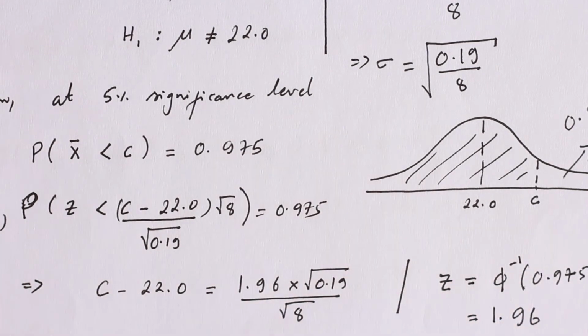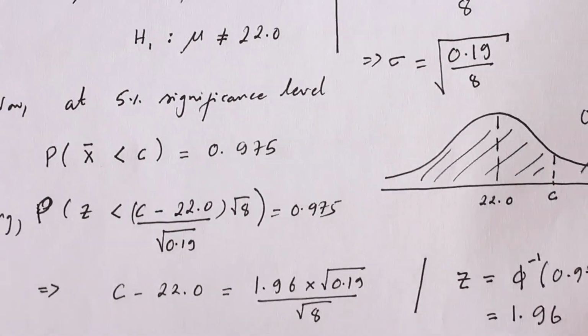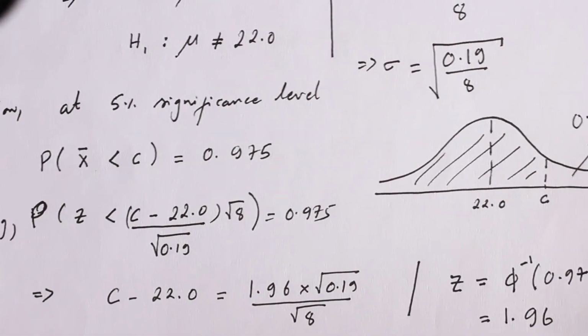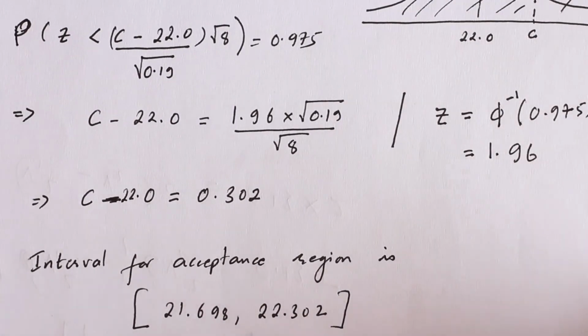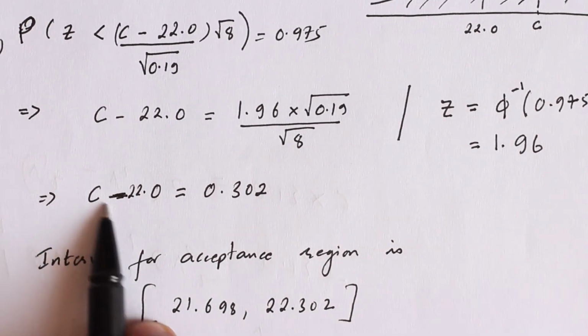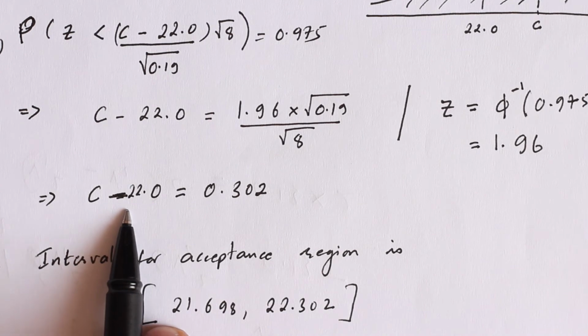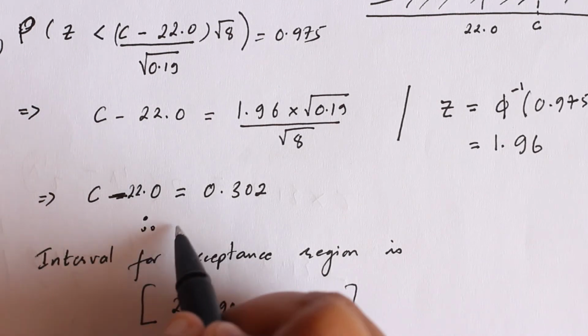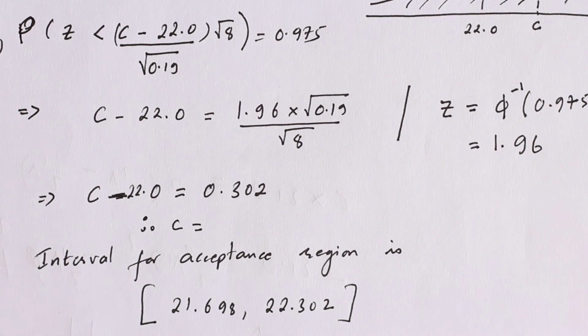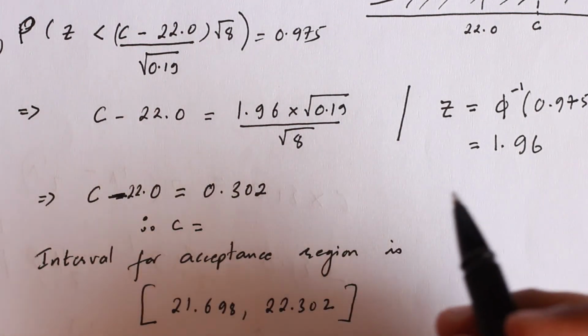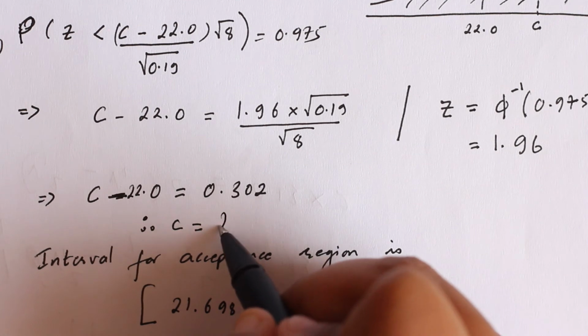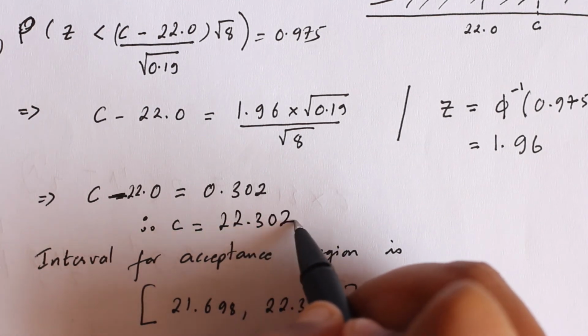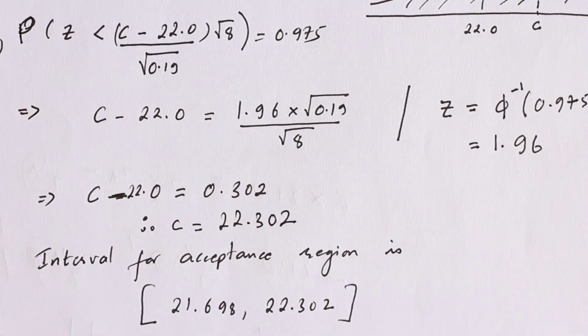You can get this value from the standardized table or directly from your calculator. Now if you find the value of C, C equals 22.302.